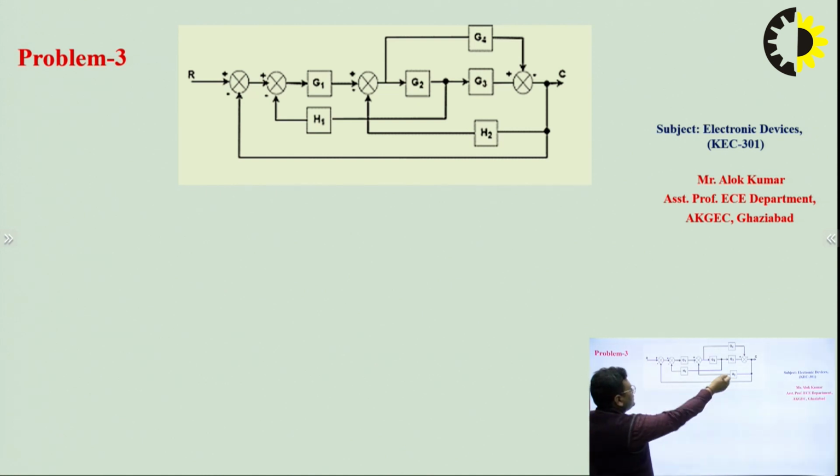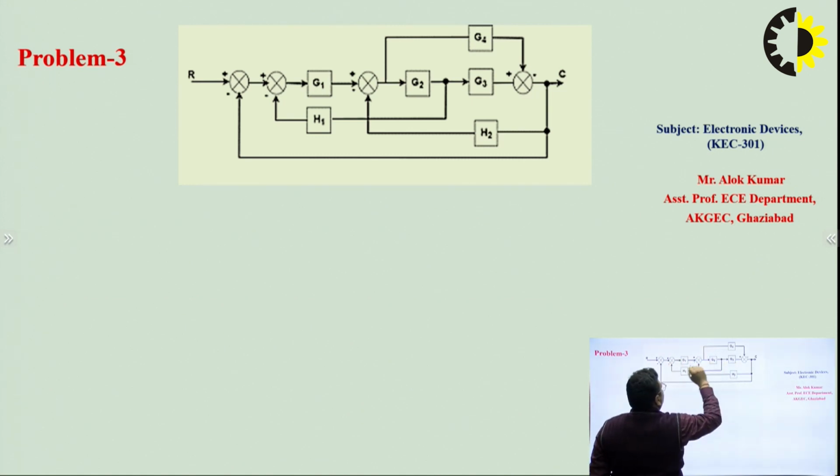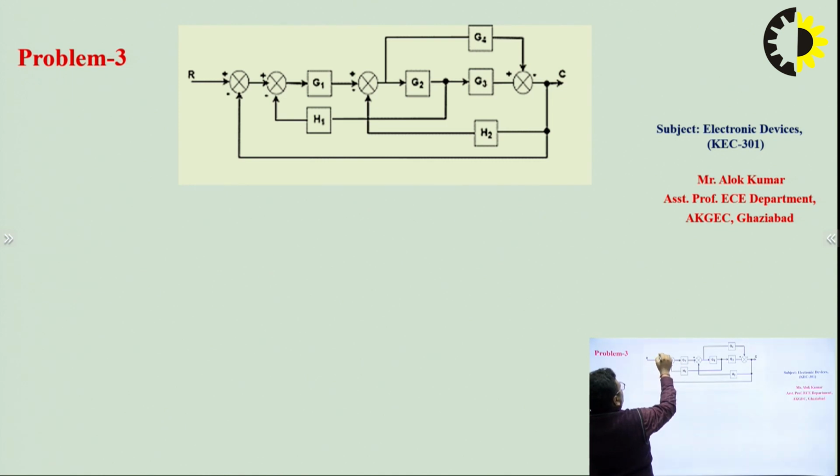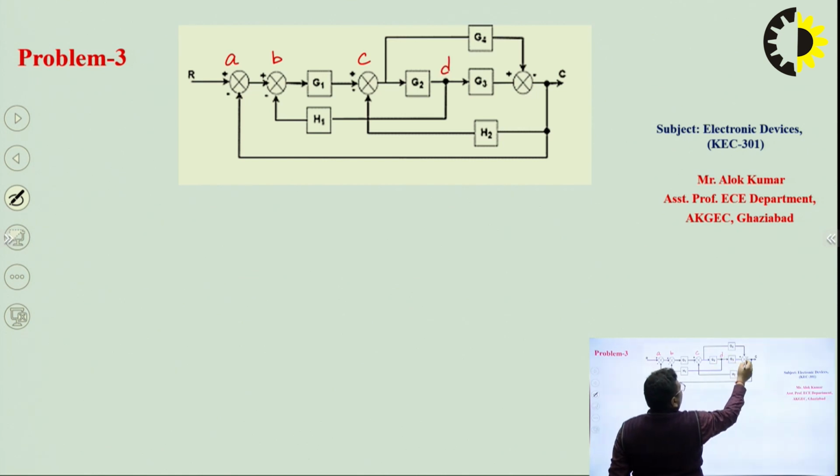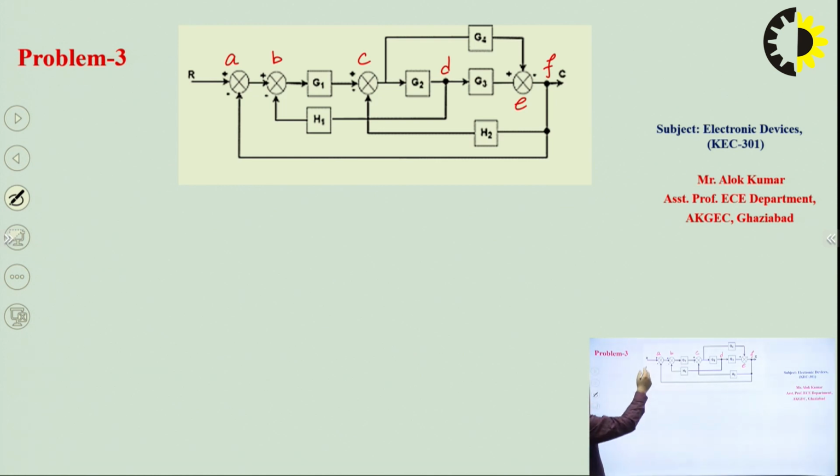To convert it into the signal flow graph, if we name these summing points and takeoff points here, we can write this is A, B, this one is C, D, E and F. Now this summing point can be replaced by a node, this is node A. Then the second summing point is represented by node B. Here the gain factor will be 1 because there is nothing between these two summing points.